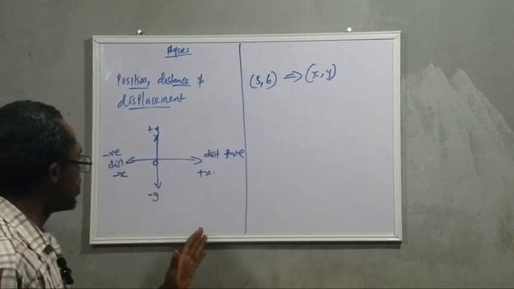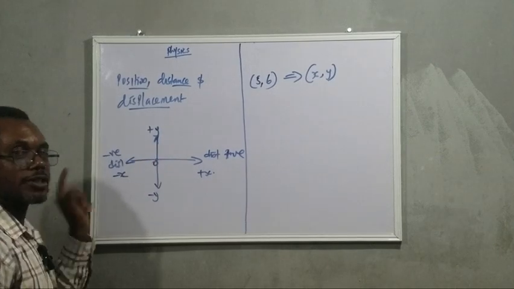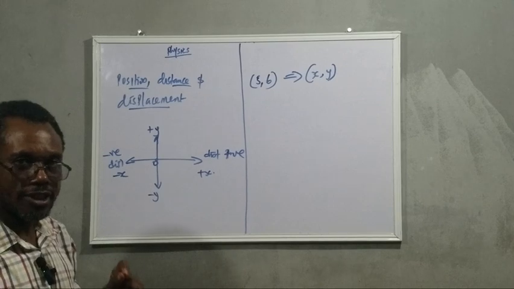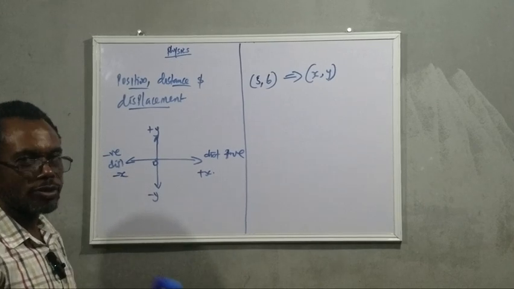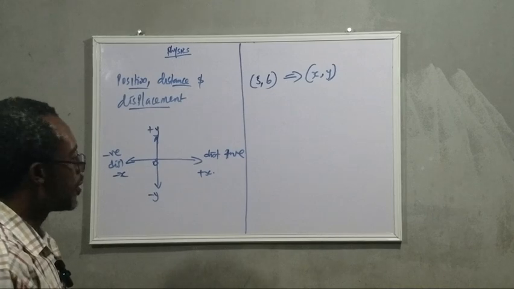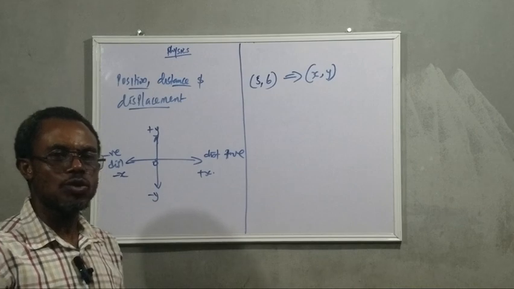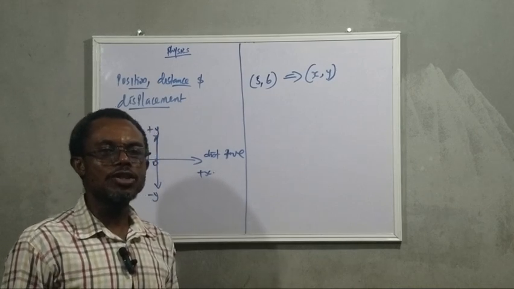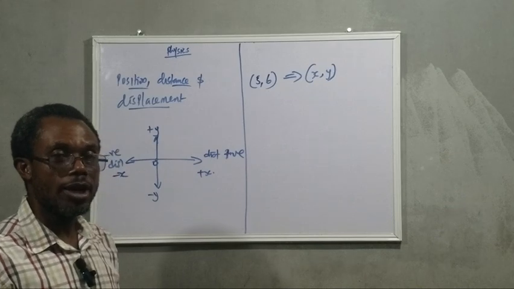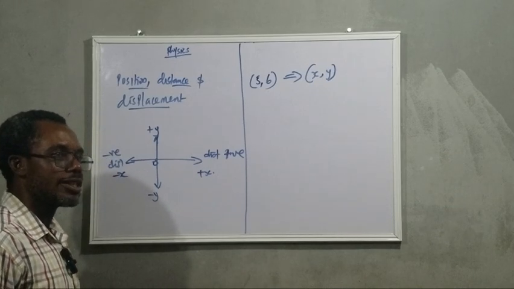Now, all measurements from the origin to the left give us negative values, while movement to the right gives us positive values. In locating points, sometimes we may have 2 or 3 points that we need to locate on the polar coordinates or even in the Cartesian plane.